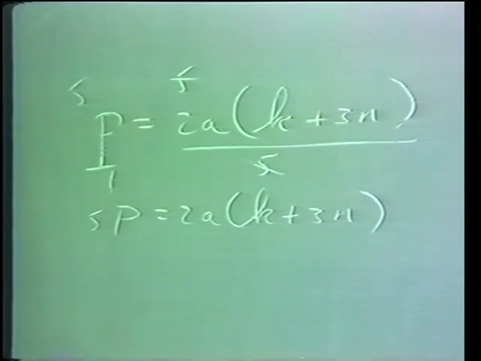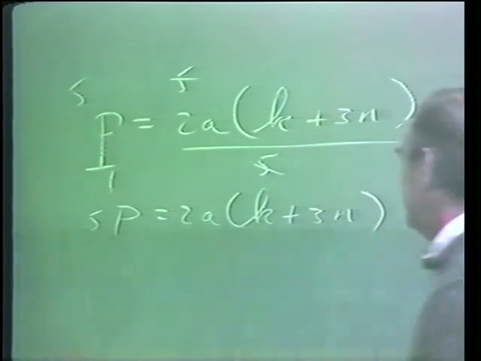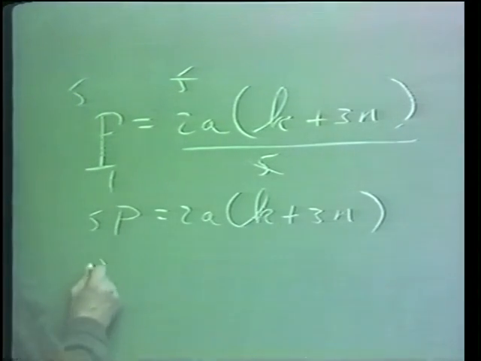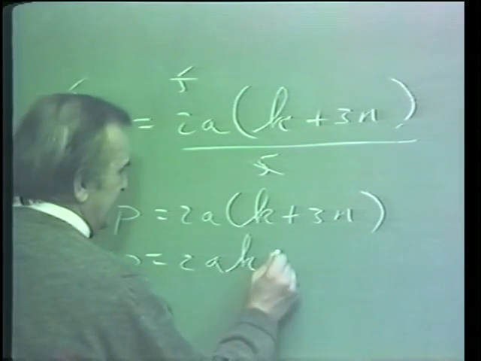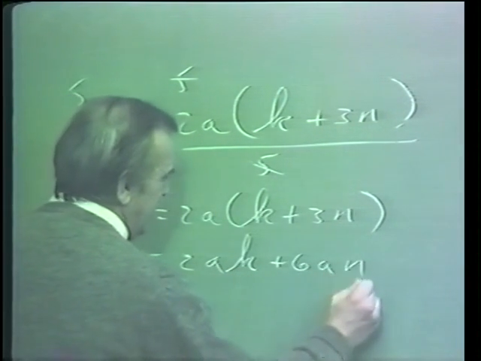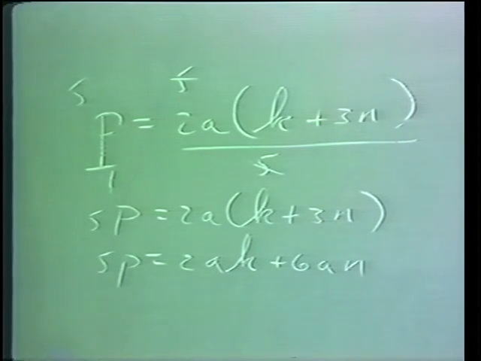Second step says clear parentheses. Well, we have parentheses here. If we multiply this through, we get 2ak plus 6an. Parentheses are removed. Third step says combine like terms. There's nothing we can combine there.